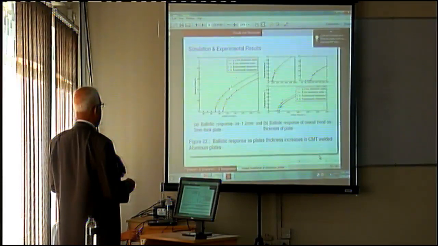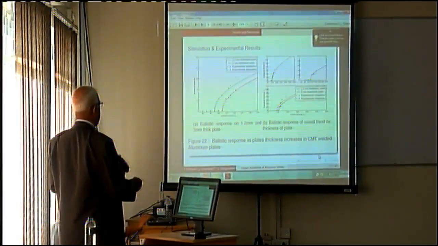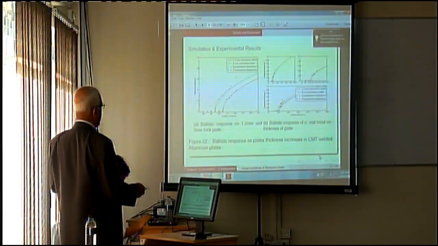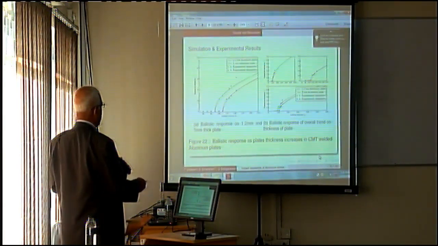Green is 1.2 and this is 3 mm, and this is the experimental, and these are the simulations using Abaqus along with the experimental, and these are the ballistic response and overall trend on the thickness of the plate. So this is a similar simulation result.